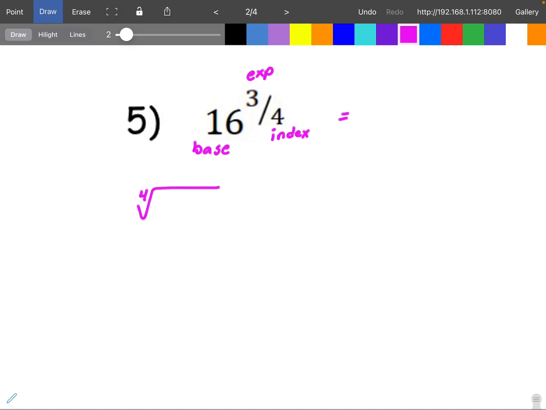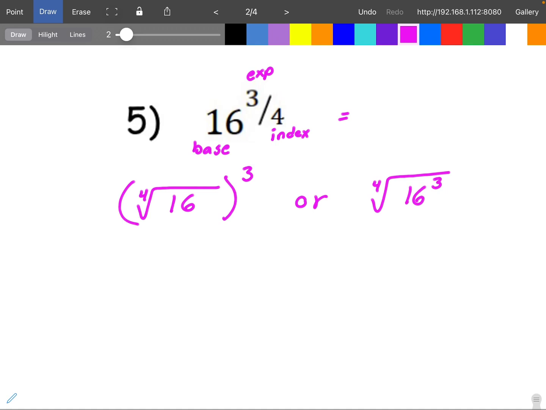We can do a 4th root, and then inside of the radical would be 16. Then I can raise that whole thing to the 3rd power, or I can do it the other way. I'm still going to have a 4th root, but inside I'm going to have 16 raised to the 3rd power. Either way, 3 is the exponent, 4 is the index, and they are the same thing.